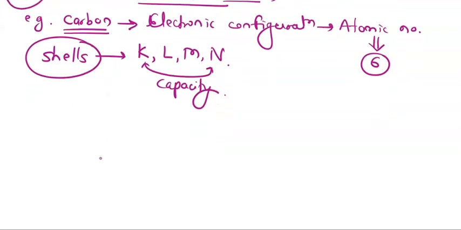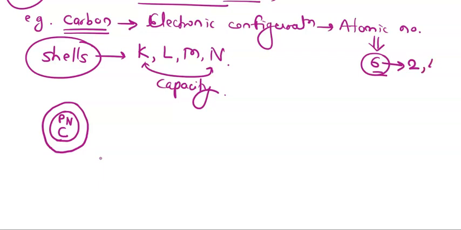If you draw the carbon structure, this is the nucleus of carbon which has protons and neutrons, and this is one of its orbits. As we know, the atomic number is 6, so the configuration can be written as 2 and 4.